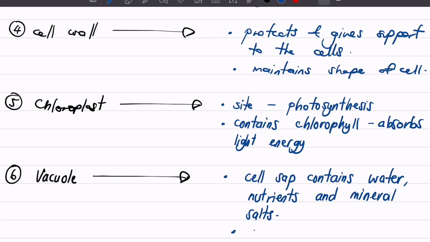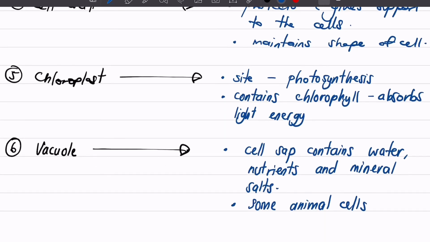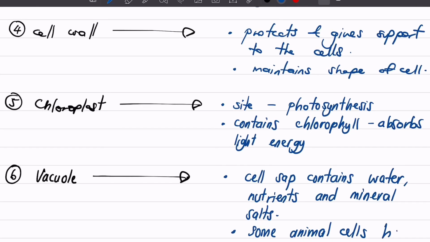And listen very carefully, some animal cells have small vacuoles.